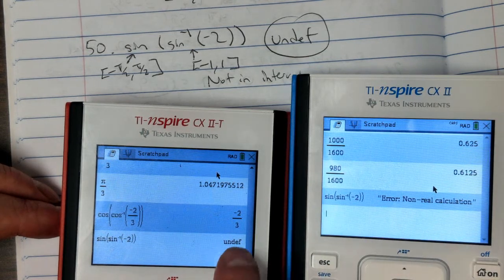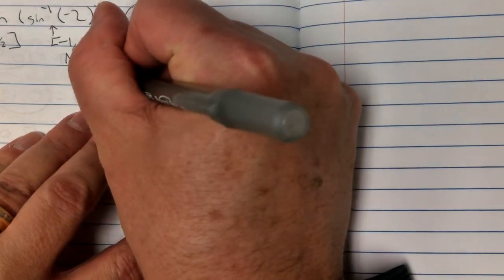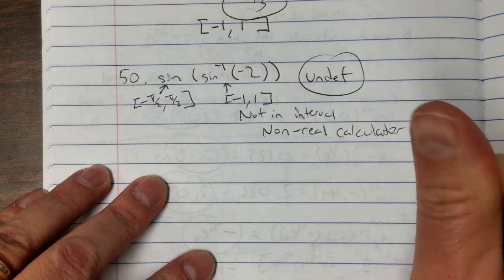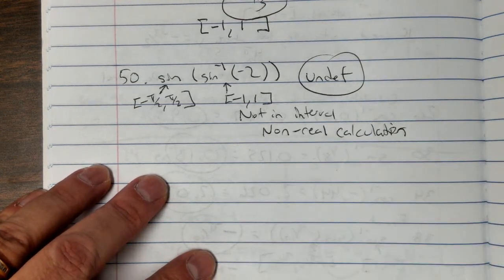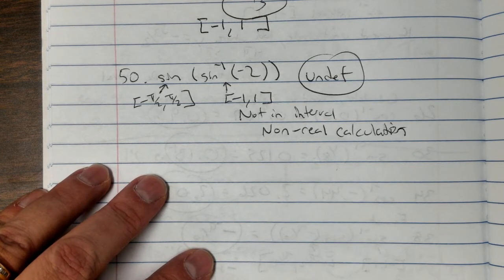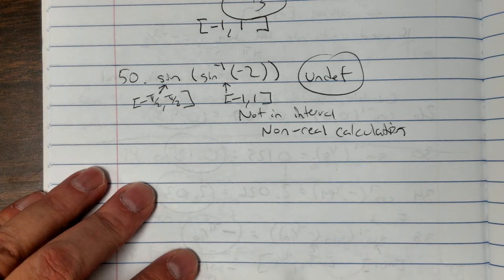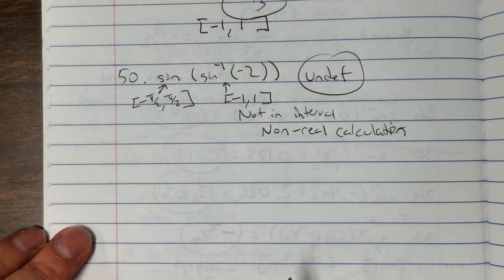And on mine, it just says undefined, but it means the same thing. So if you see it says non-real calculation, then that's the same as undefined. Any questions? Okay.